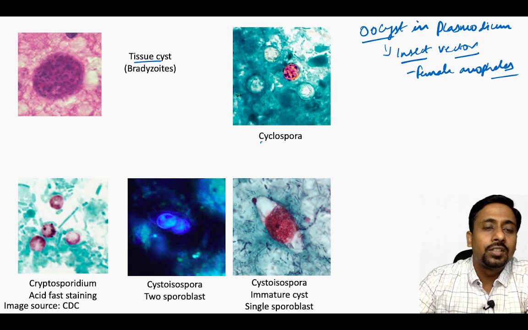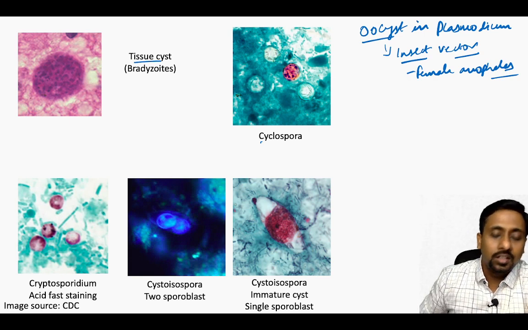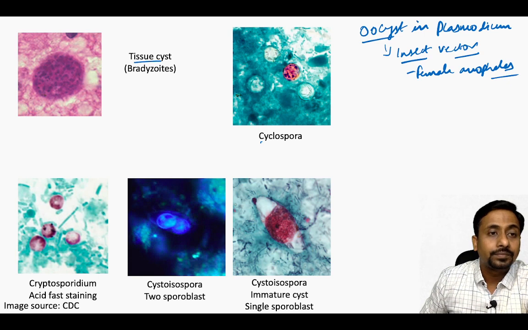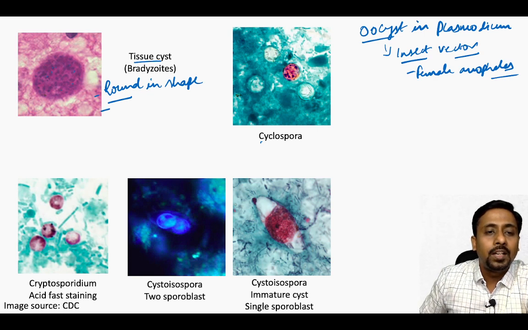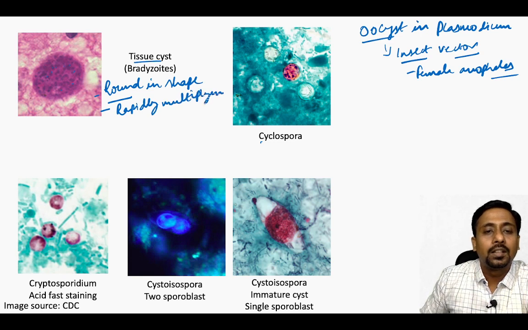So just see this tissue cyst first. First of all, it is round in shape. Second thing which we can notice is that it has so many small separate structures. These small structures are basically slowly multiplying bradyzoites.